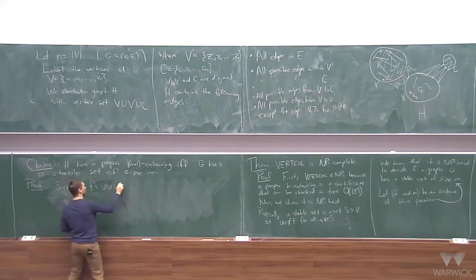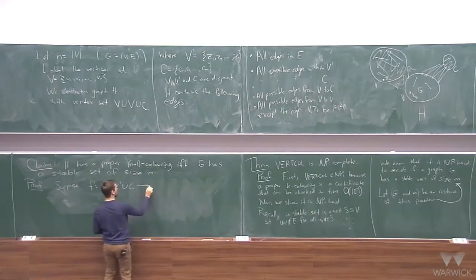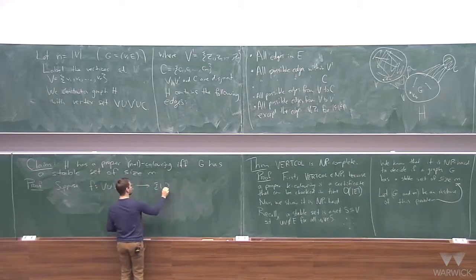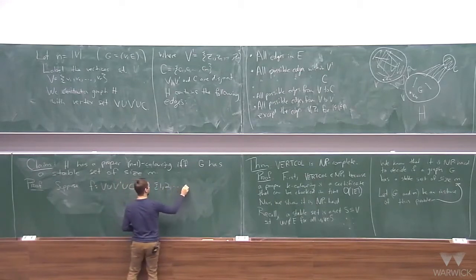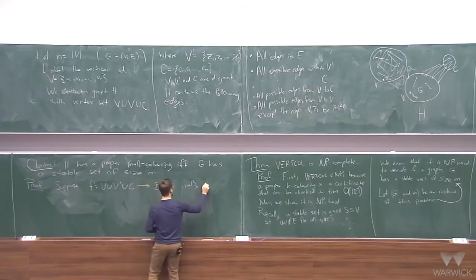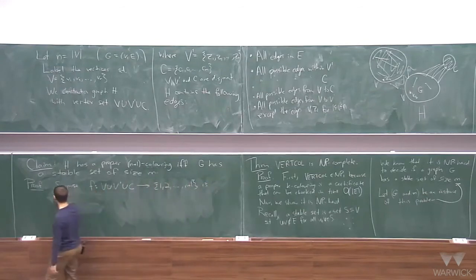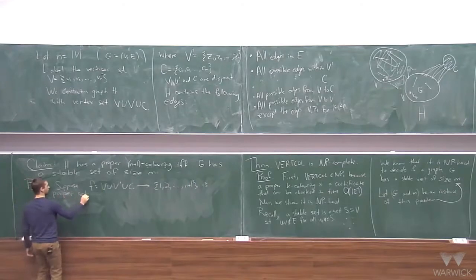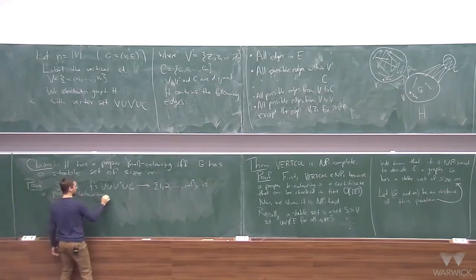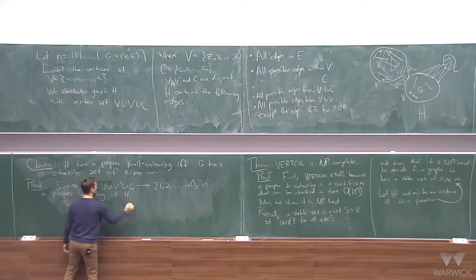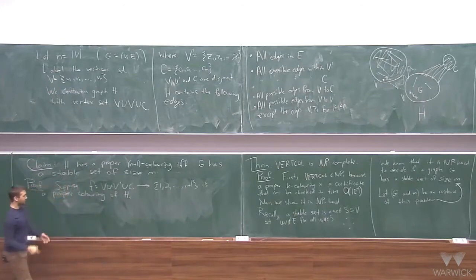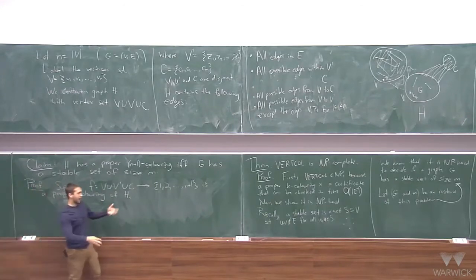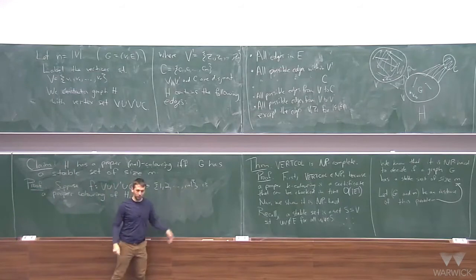So suppose we have a proper coloring of H. So remember, this is the vertex set of H. So we're mapping vertices to colors. Well, the colors are just called 1 up to n+1. And vertices joined with an edge get different colors, right?